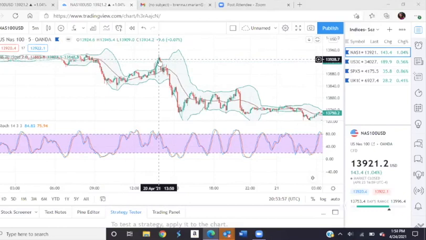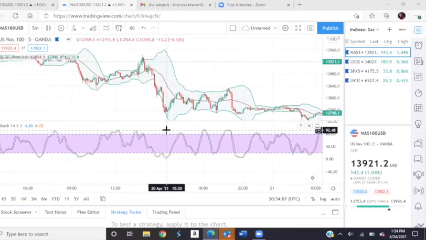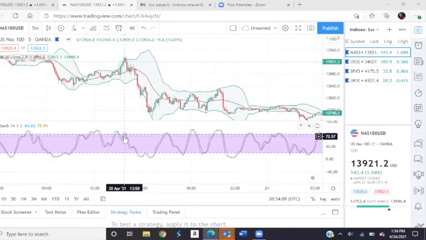When we are trading overbought and oversold conditions, we want to make sure we are not entering when we just see price above that line. We want to make sure we're entering once price is coming off of being overbought. So once price starts curving over and coming down into normal market conditions, that's when you want to be entering into your trade.